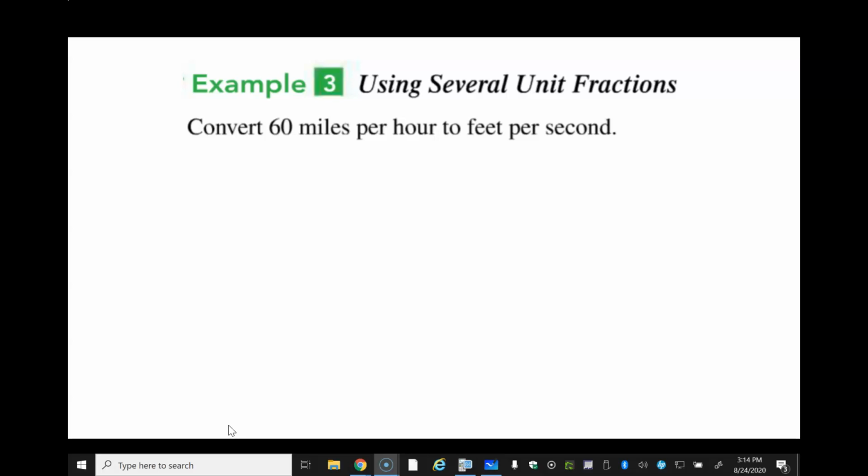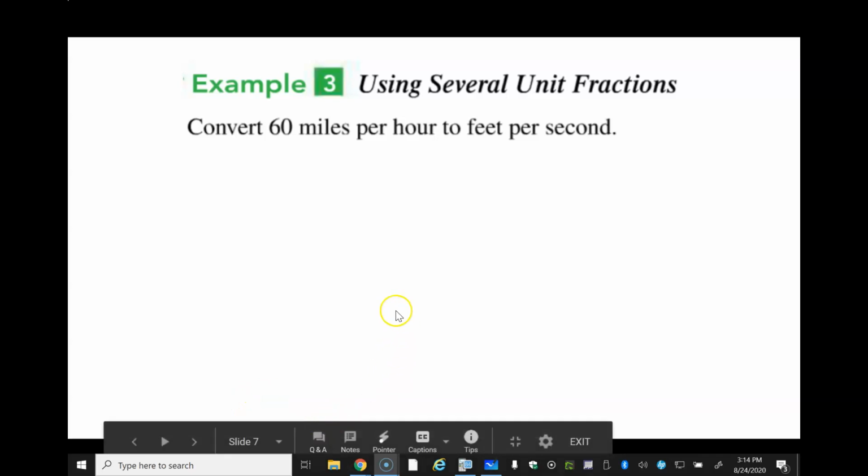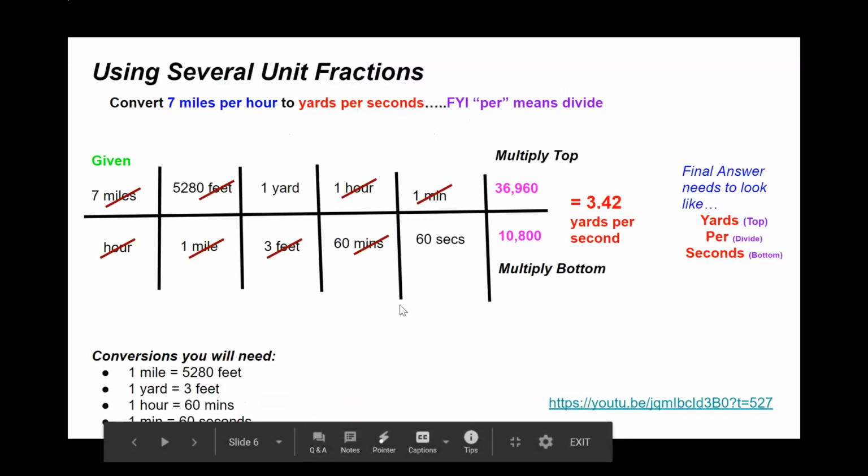I'm going to go back to the other slides to give you a little bit of help, just in case you need it. So the bottom left-hand corner here is some of the conversions that you might need to convert the problem I just gave you.